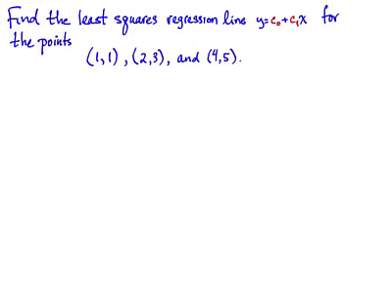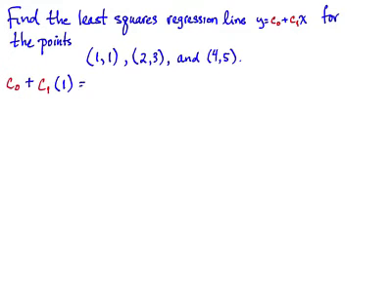So first of all, let's set up a system that we know in advance is inconsistent. If these 3 points did lie on a line, they would all satisfy the equation y equals c0 plus c1 times x. So let's set up 3 equations.